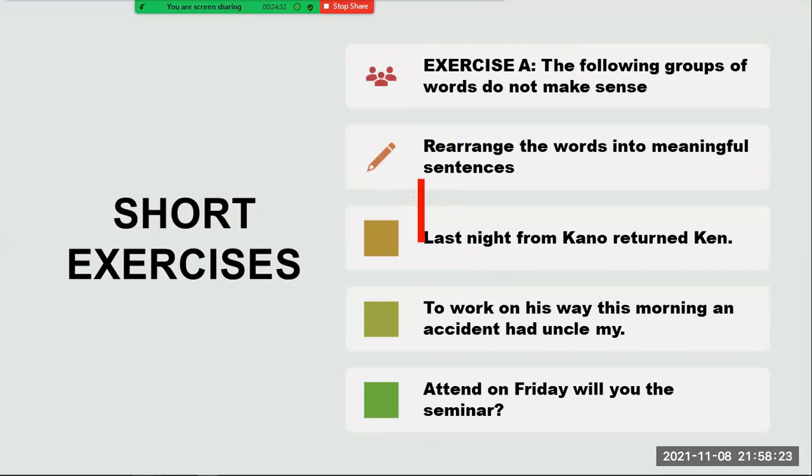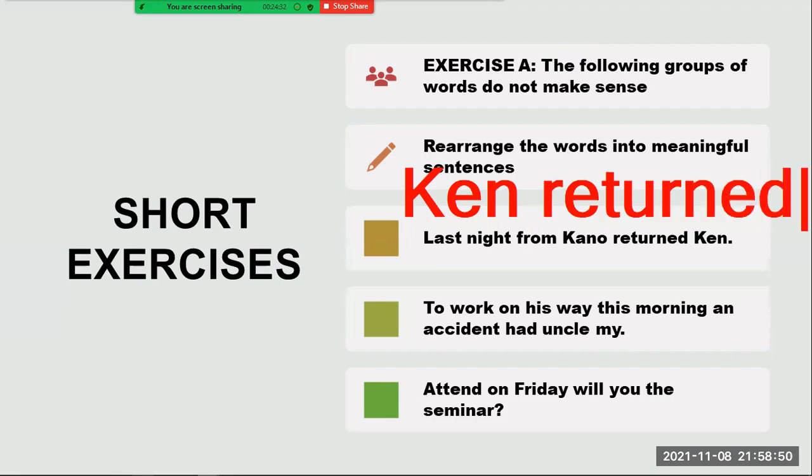Among the words, which one is the subject here? So you can see that the subject is Cain. So we begin this sentence with Cain. Then followed by the verb. The verb here is returned. Cain returned from Kano last night.